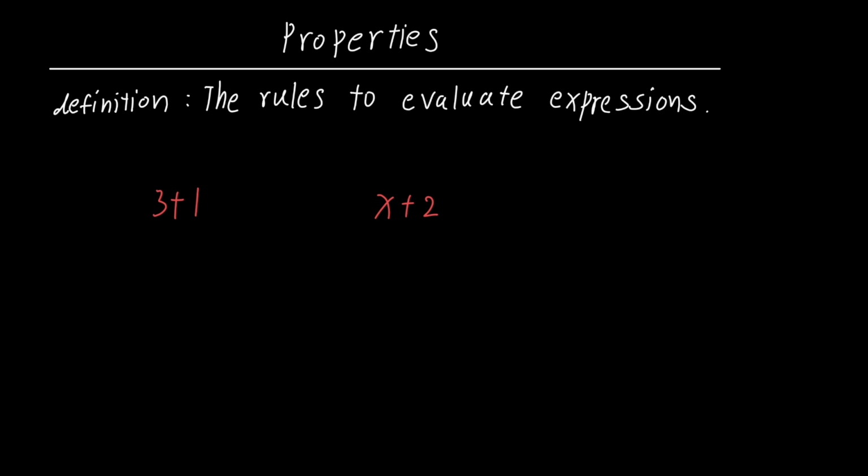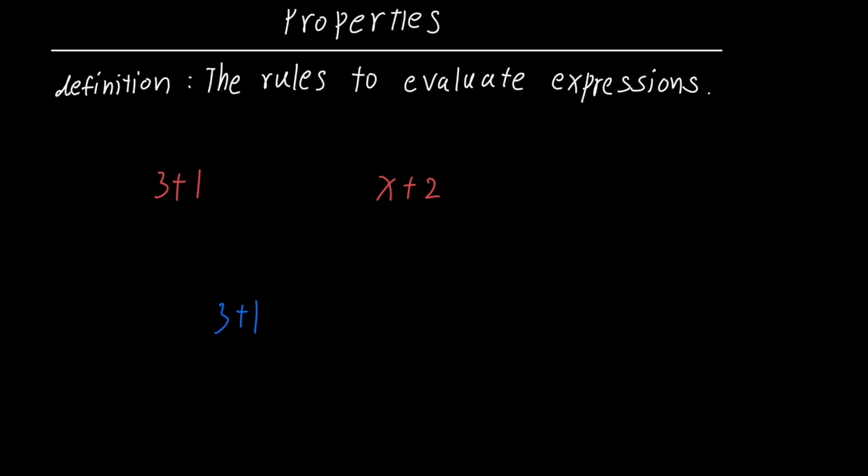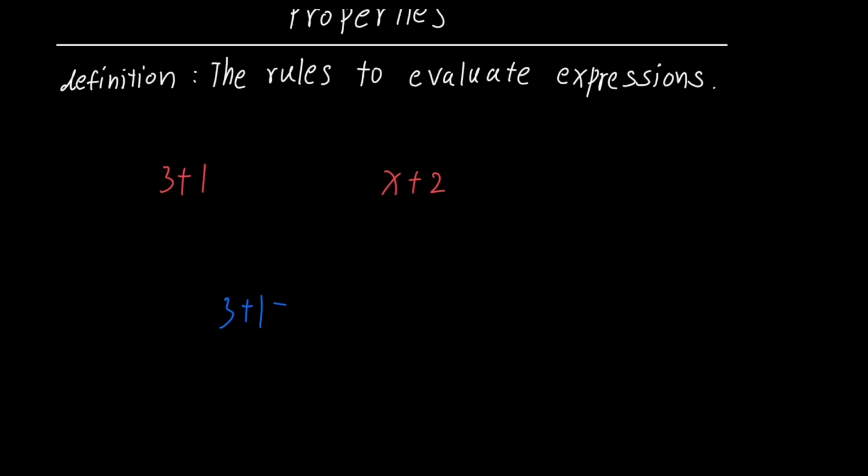Let's say we have 3 plus 1. We all know that 3 plus 1 is 4. But this time I want to switch the order of these two numbers. Let's say 1 plus 3.